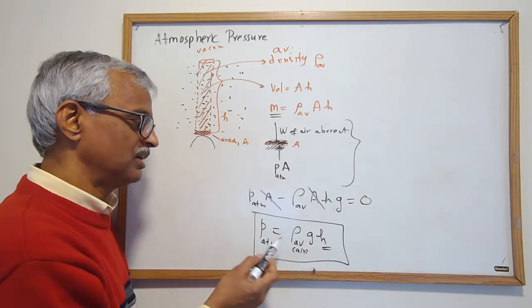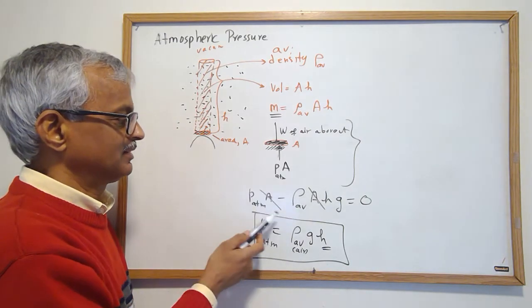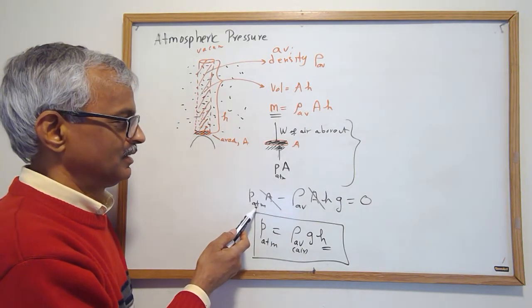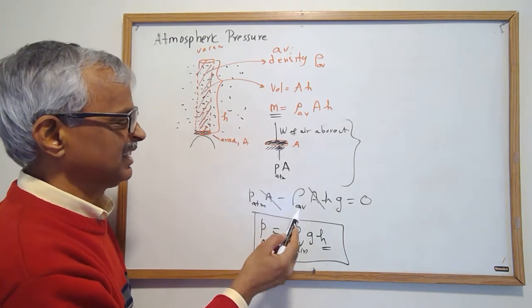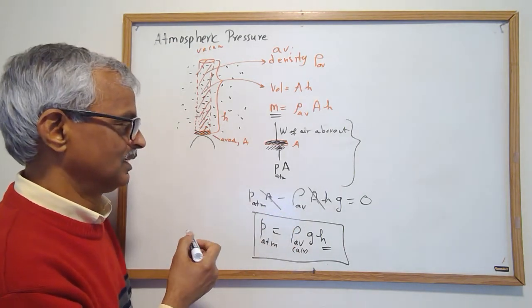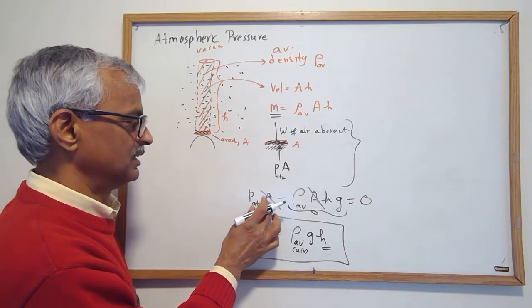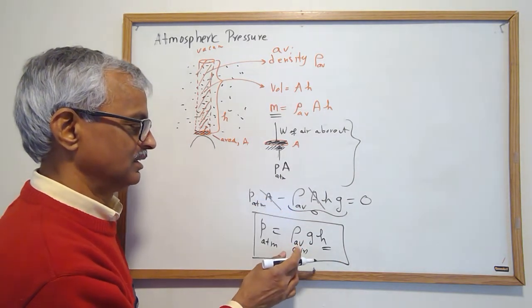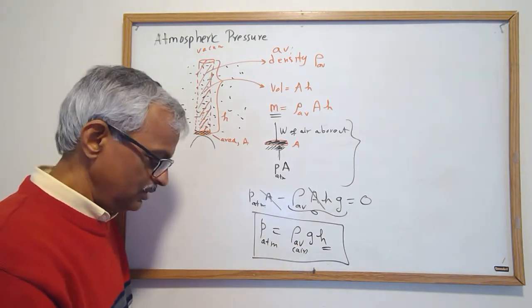So this is the average air density. So atmospheric pressure is all the weight acting per unit area, right? This is the weight, and you divide by the area, it gives me atmospheric pressure. So how big is this value?